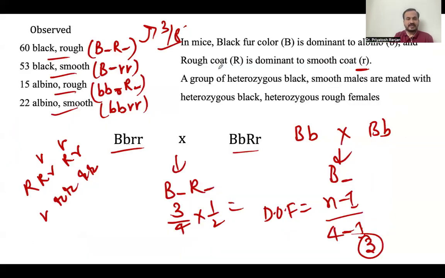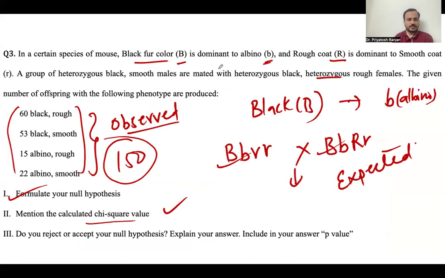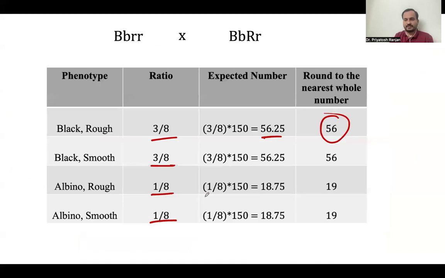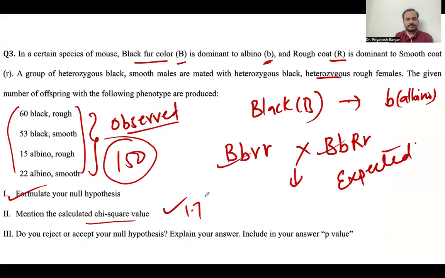So going back to the same question: mention the calculated chi-square value, which we have calculated as 1.762, if I am correct. And then, do you reject or accept your null hypothesis? We accept, the reason being the p-value is coming to be 50%, which tells you there is a 50% probability of a chance event between the differences in the observed and the expected value.